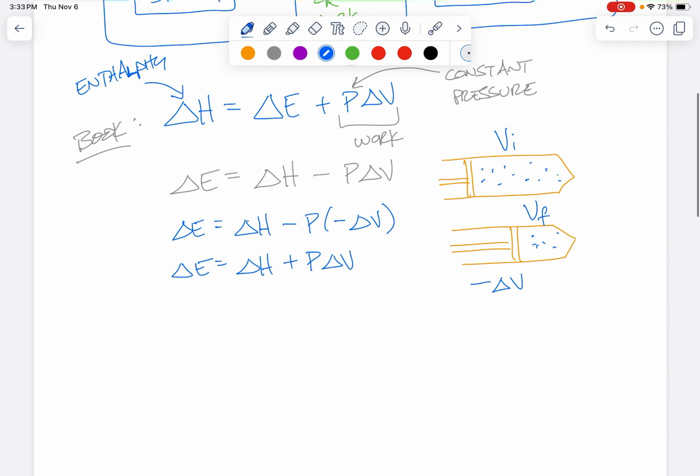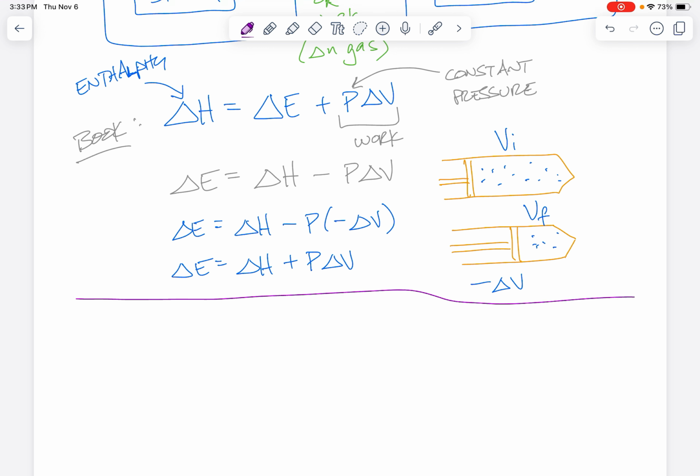Some ways that you could be asked questions about this. As an example, here's a very popular, very famous equation: nitrogen gas reacting with hydrogen gas, forming ammonia.